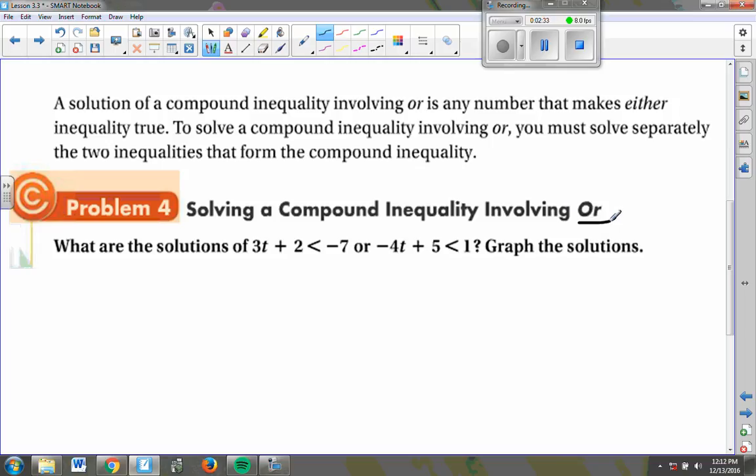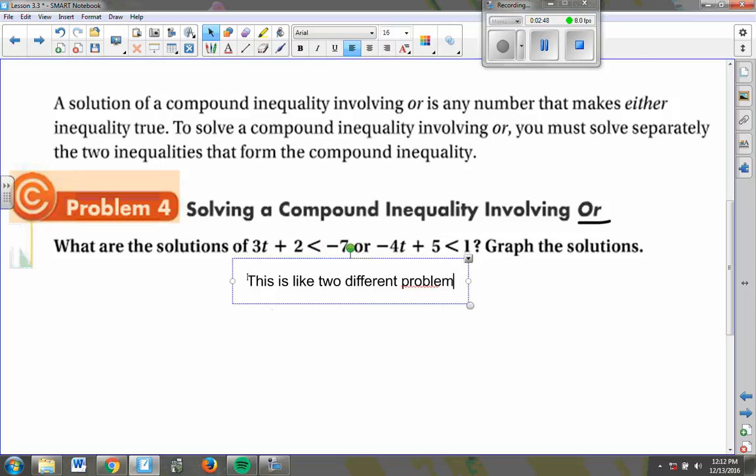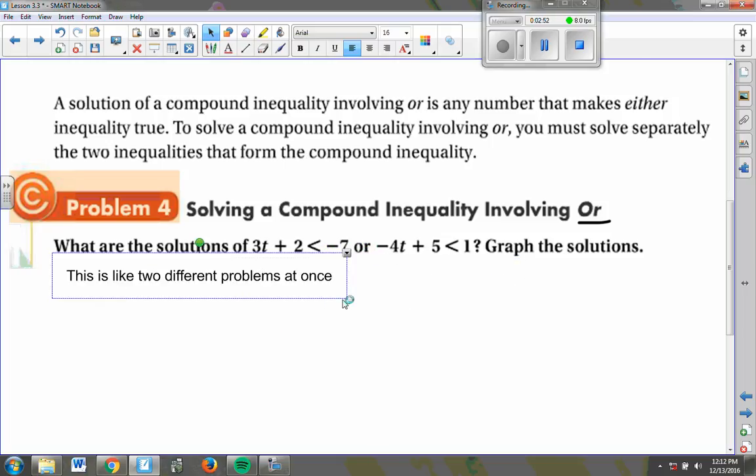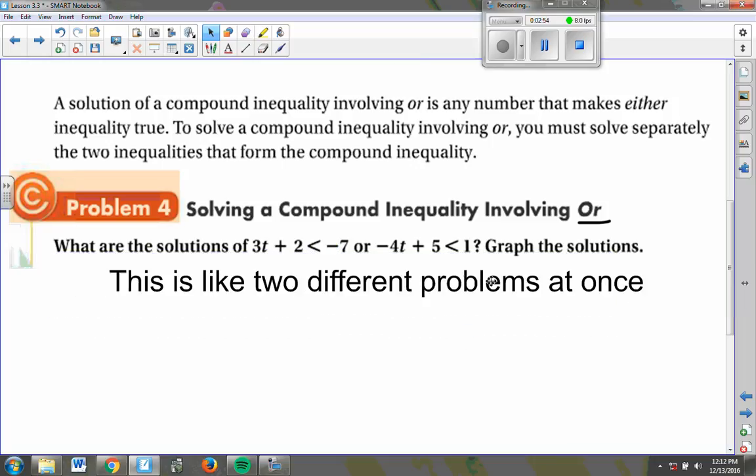So we're given this example. What are the solutions of 3t plus 2 is less than -7, or -4t plus 5 is less than 1? Well, this is like two different problems at once. One of those problems is 3t plus 2 is less than -7.